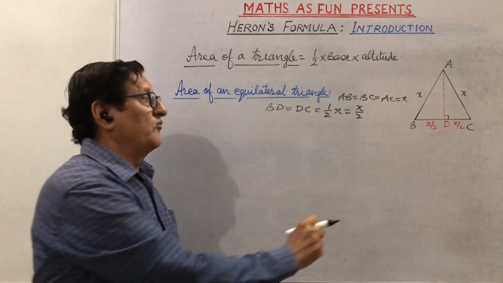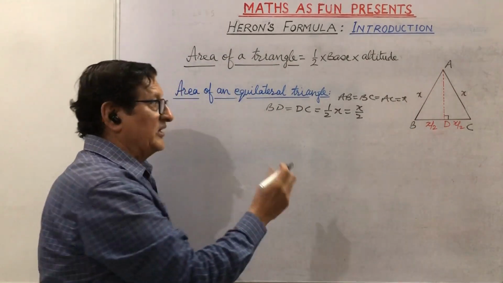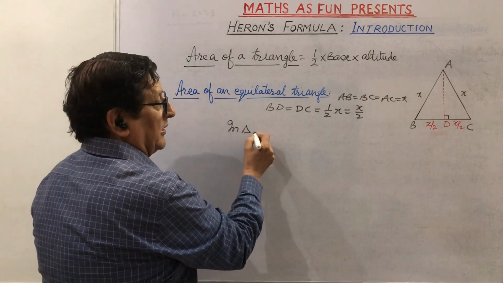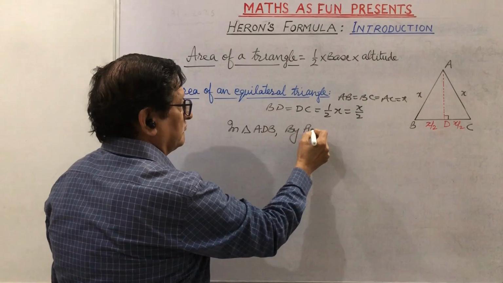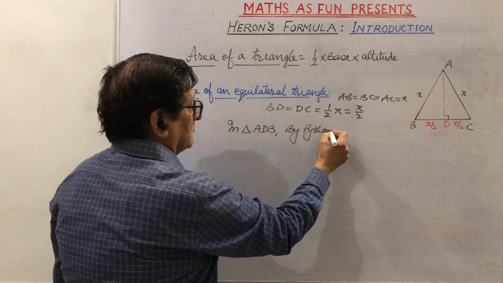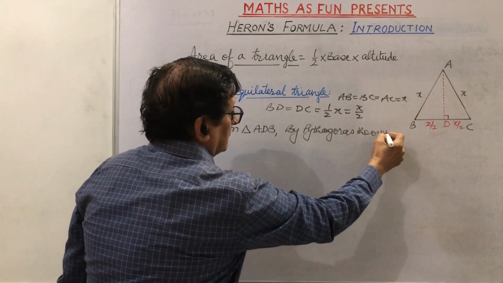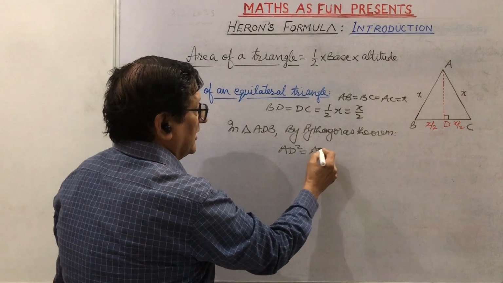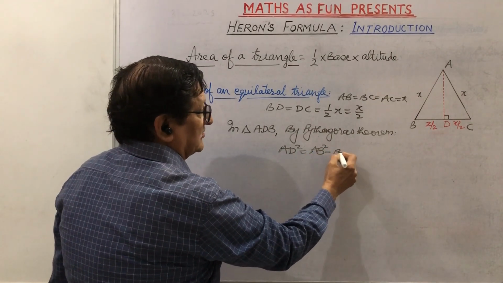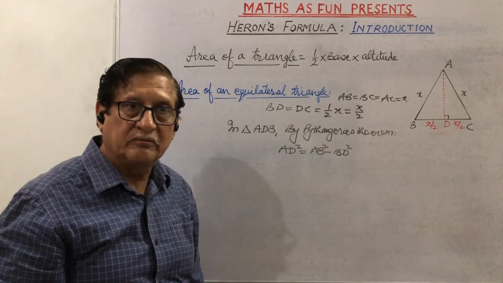Now we have to find out the altitude here also. When we find the altitude in triangle ADB by Pythagoras theorem, we can see that AD square is equal to AB square minus BD square, the same as in the isosceles triangle we could find.